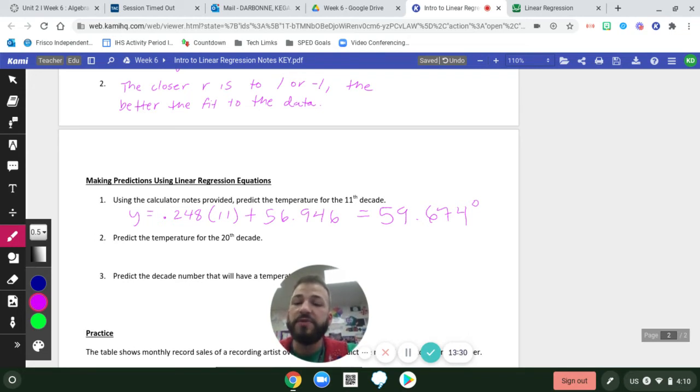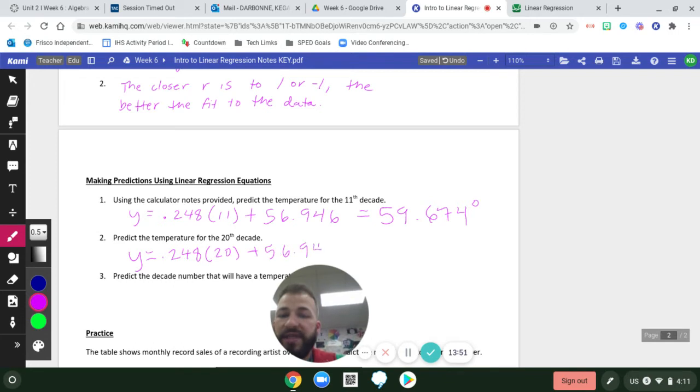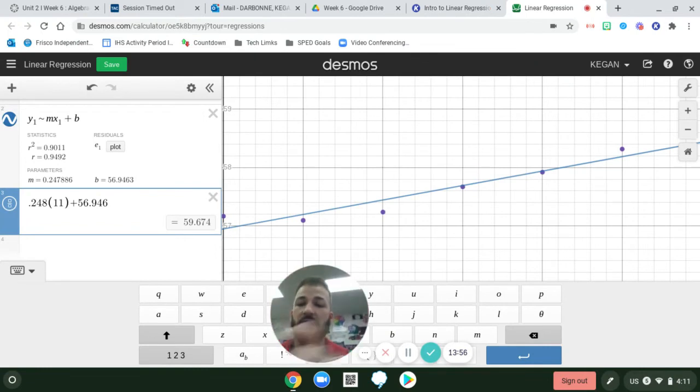Now, if I want to predict the temperature for the 20th decade, it's the same exact thing as the 11th decade, but I'm plugging in 20 for X instead of 11. So Y is equal to 0.248 times 20 plus 56.946. I can just go right here on my equation, erase 11, add in 20, and it calculates it for me: 61.906.